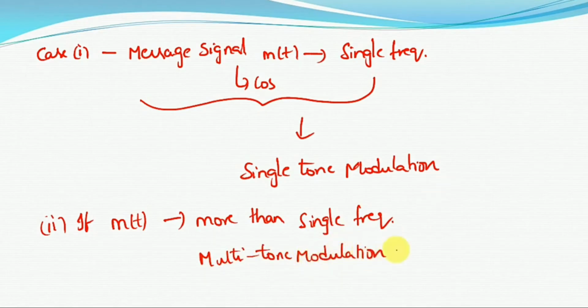For these two modulations we have to see how to draw the frequency spectrum of the AM signal. In today's video we are going to see how to draw it for single tone modulation, and in the next video we are going to see how to draw it for multi-tone modulation.